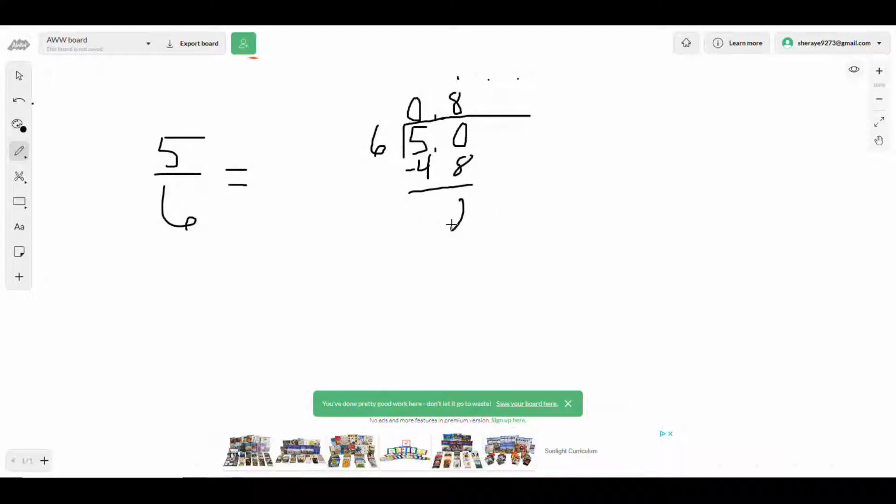This would be 2. Okay, we're going to keep going. 6 into 20 would be 3 times, minus 18. This would be 2. 20. This would be another 3, minus 18. Remainder of 2. Now, you would have to round this to the nearest hundredths place.